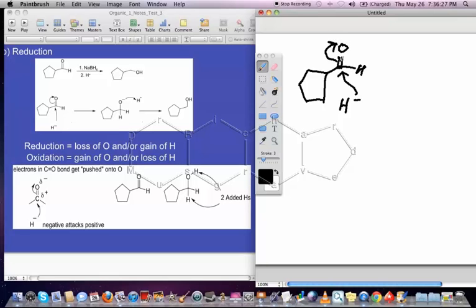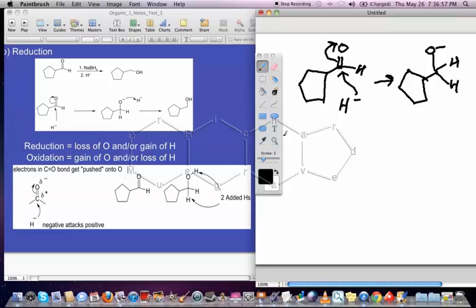And that's what this arrow is showing, that 2 electrons from this double bond will go onto the O. And effectively the negative charge from the H gets transferred to the oxygen. There we go, here's our new bond between the H and the C, and the negative charge is now on the oxygen.